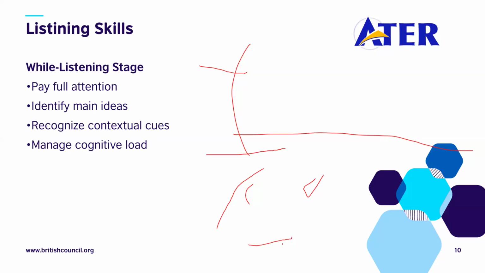And then there's the context in which that person is trying to talk, in which the message is given. So we also have to think about the context, and then manage cognitive load. How are you going to process that message? Of course, before even responding, you hear many things, and then how are you going to answer that message?